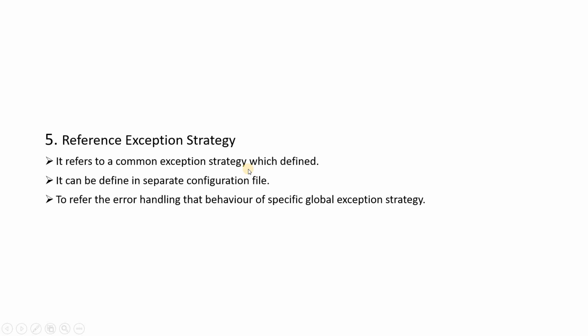So when you want to define one global exception strategy for a particular exception, you can define it in a separate configuration file and refer to it using the reference exception strategy. So whenever this exception is called, it will go to that global exception handling and execute what is defined in it. So we are calling the global exception strategy by using this reference exception.